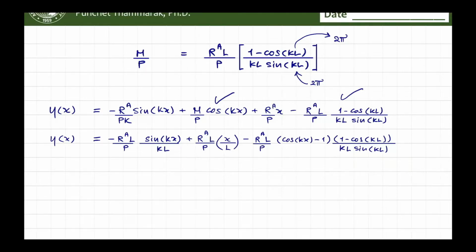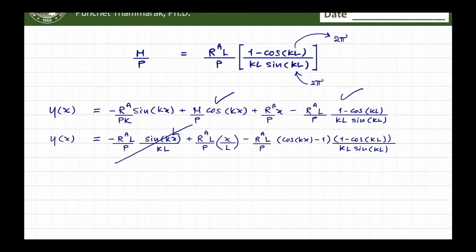If we go to kl and substitute L in there, sine kl is sine 2 pi, which is 0.